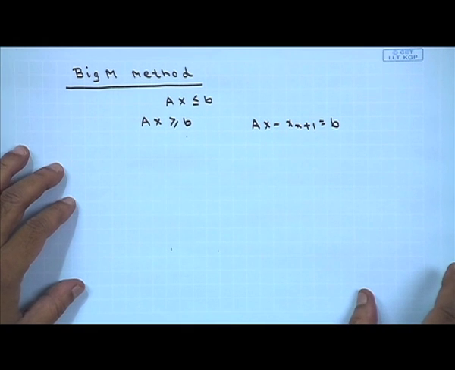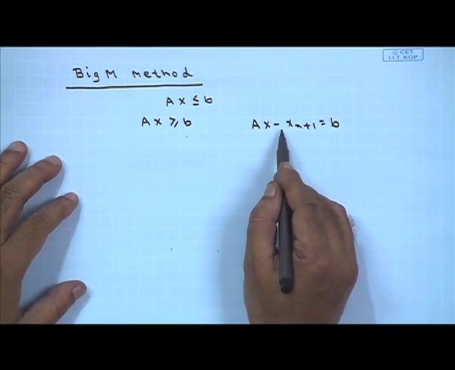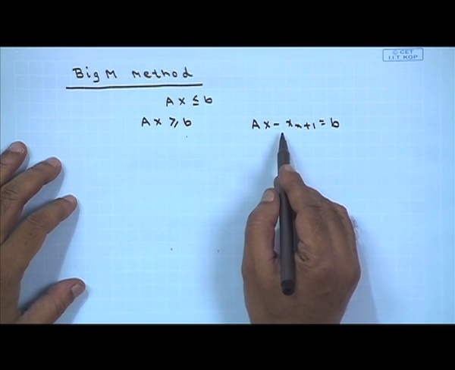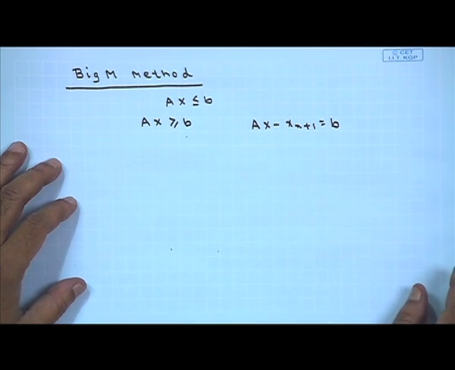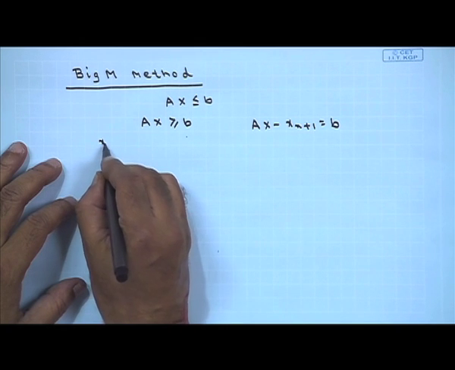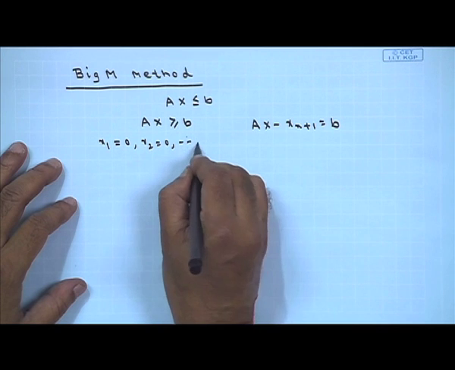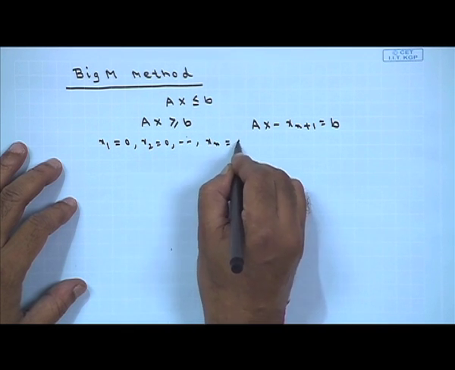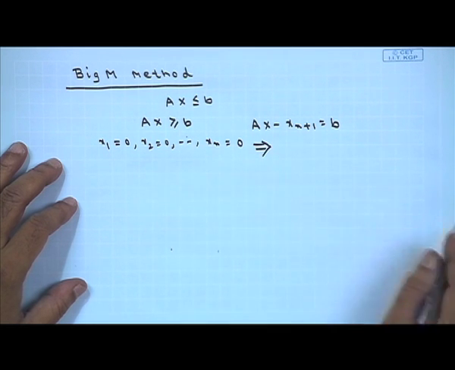We added this one. So, now what is the coefficient of the surplus variable? The coefficient of the surplus variable always will be negative, that is minus 1, since you have to subtract. So, to obtain the initial basic feasible solution, what do we do? We make x 1 equals 0, x 2 equals 0, and in that way x n equals 0. So, in that case, what will happen?